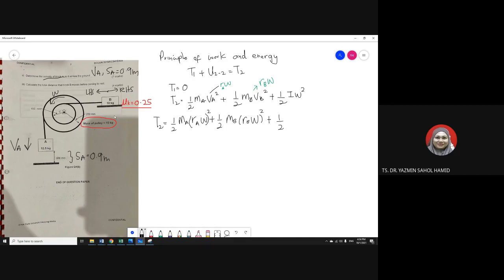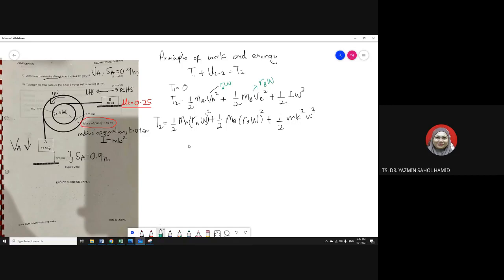For this question, it's just a coincidence, the radius of gyration was left out. So I'm going to assume for this question a radius of gyration K equals 0.16 meters. So if we need to calculate I, we have to use this formula, mk squared. So I will be mk squared multiplied by omega squared.